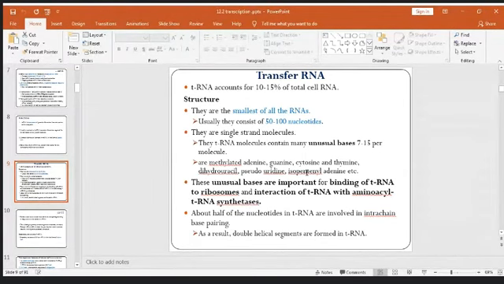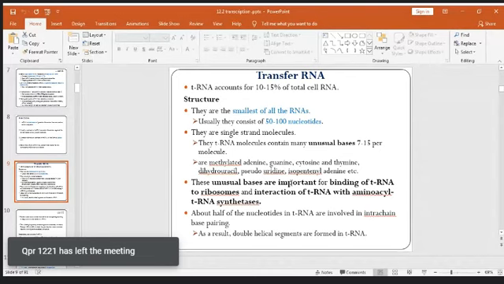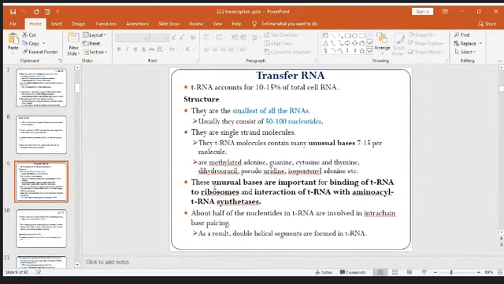Those are the most common types of modified or unusual bases found in the transfer RNA. Those unusual bases are important for binding of transfer RNA to the ribosomes and for its interaction with amino acid transfer RNA synthase.